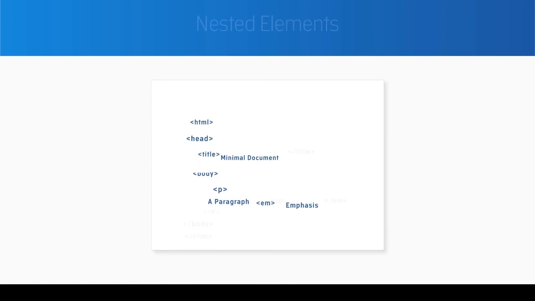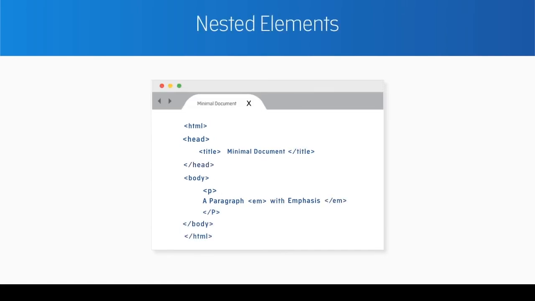A minimal HTML document can be created out of the fragment we've just seen by adding 3 necessary elements and a title. The first necessary element is the HTML element. This is the parent of all other elements. We recognize this due to it being the outermost element in the nested structure.